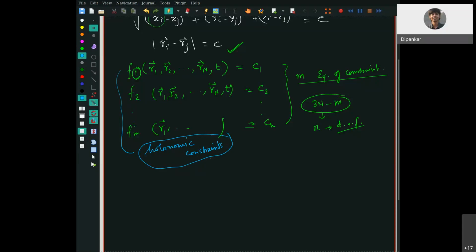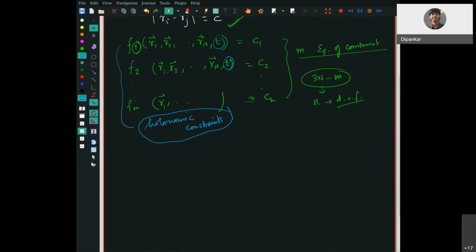These have two more subclasses depending on whether it explicitly depends on time or not, but that will not be very useful for our discussion. Whatever can be expressed as an equality, you can express the dependent coordinates in terms of the independent coordinates.